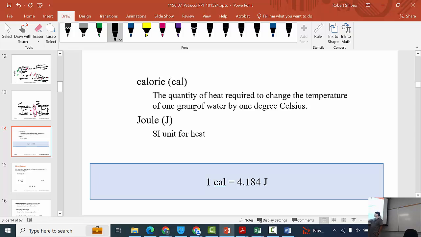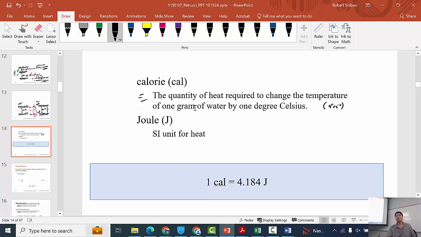1 calorie, do you know how 1 calorie is defined? The definition of the calorie is the quantity of heat required to change the temperature of 1 gram of water by 1 degree C. Because the density of water changes a little bit, it's between 4 and 5 degrees, I think.